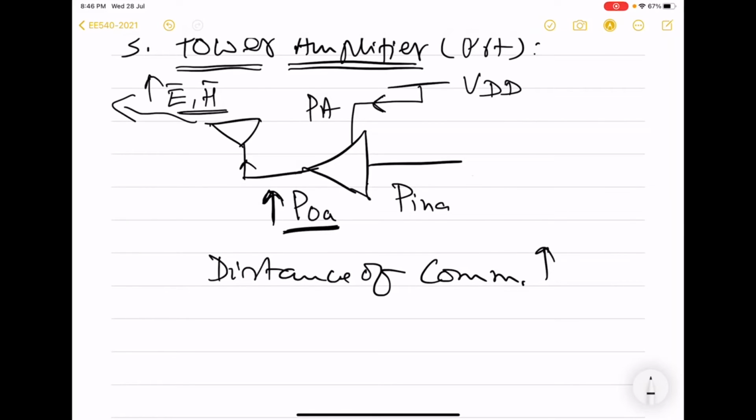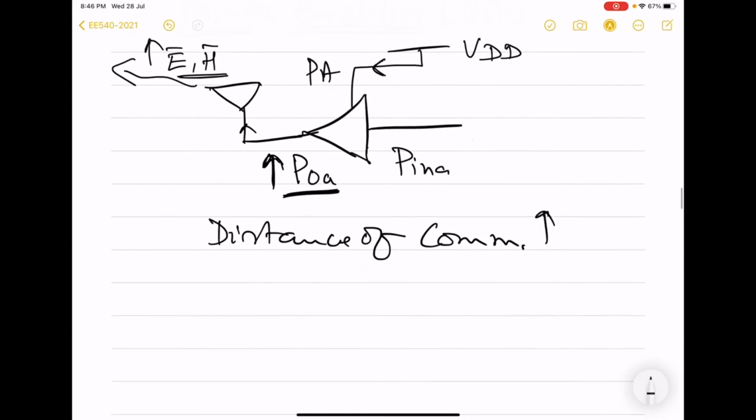So here we have a circuit which handles a lot of power. That means it draws a lot of supply power. So wherever any system handles a lot of power, whether electrical or electronics or mechanical, the main issue that arises there is heat generation.